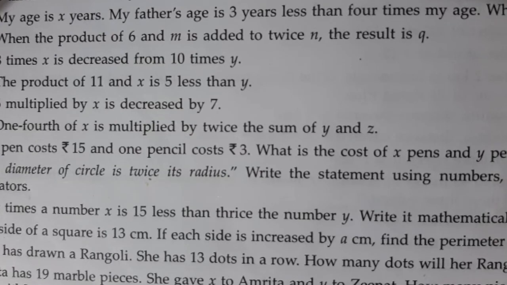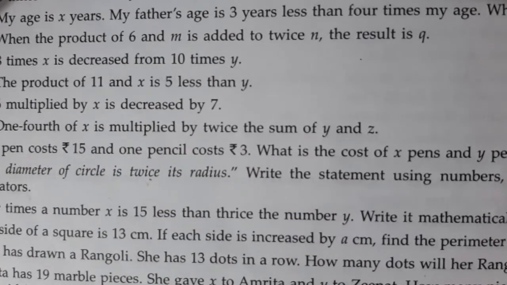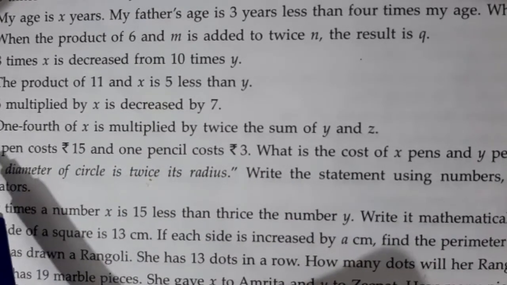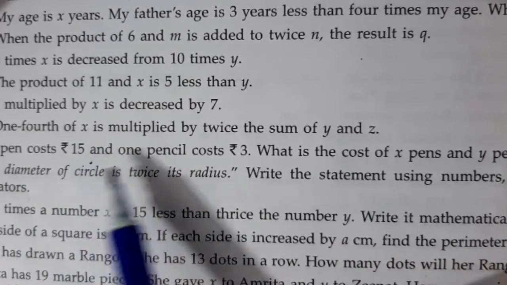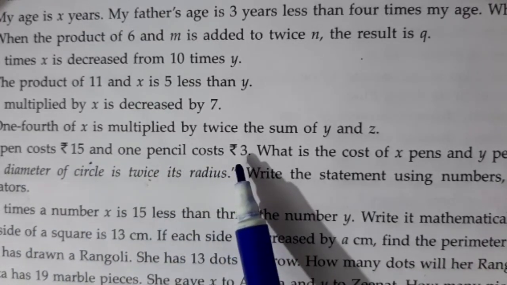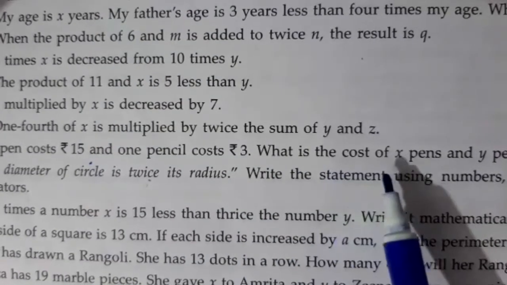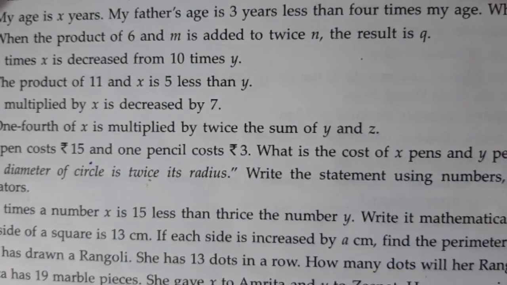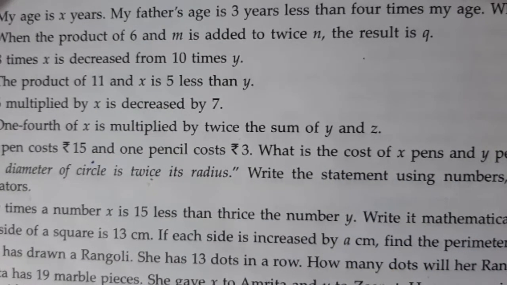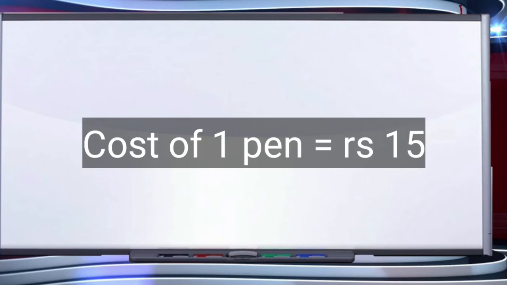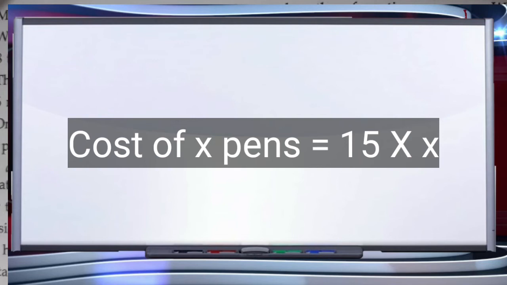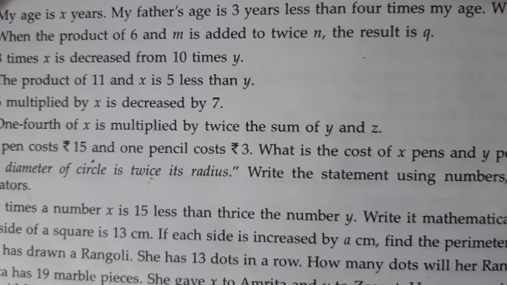Now let us do one statement problem sum. That is question number 2. One pen costs rupees 15 and one pencil costs rupees 3. What is the cost of X pens and Y pencils? See students, cost of one pen is rupees 15. Therefore, the cost of X pens will be X into 15, that is 15X.